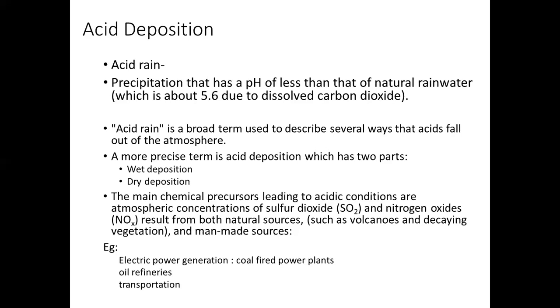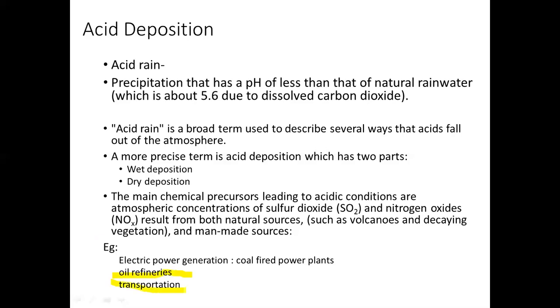Because of that, sulfur can be emitted as H2S during the process. Then this H2S, hydrogen sulfide gas, is sent to an incinerator to be converted into SO2. During the incineration process, the hydrogen sulfide is converted to SO2. Therefore, oil refineries are also responsible for the emission of SOx and NOx.